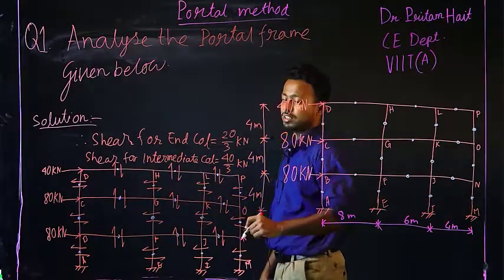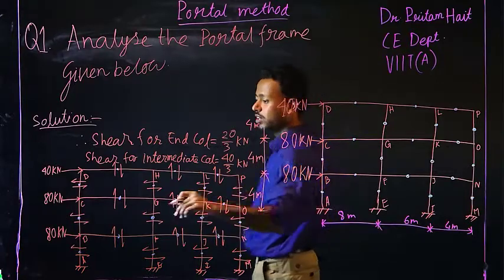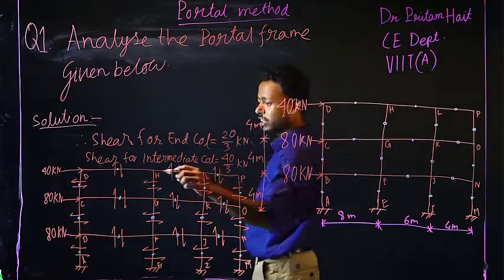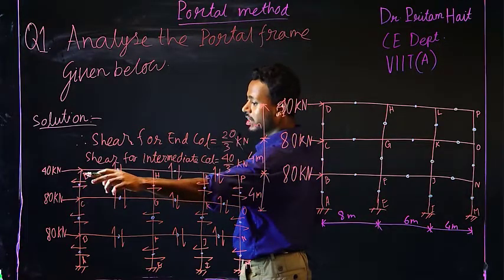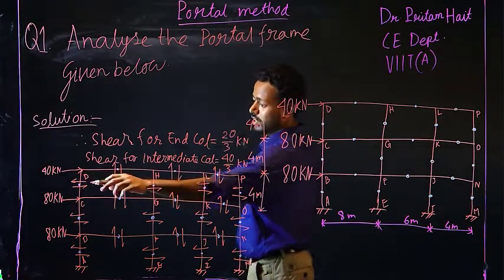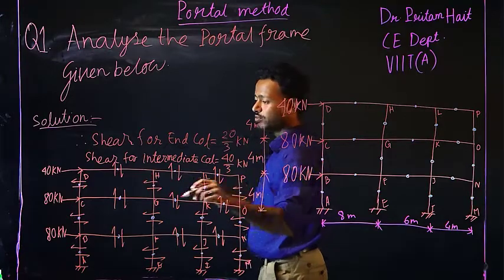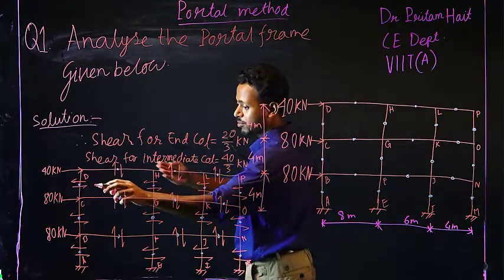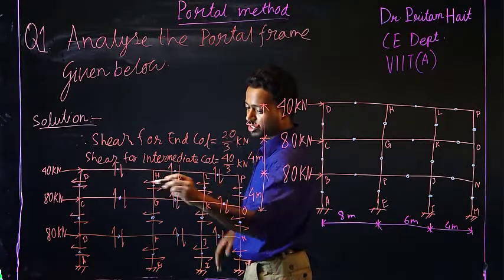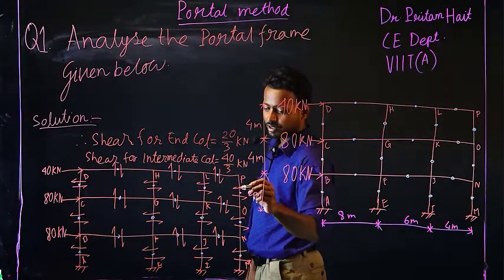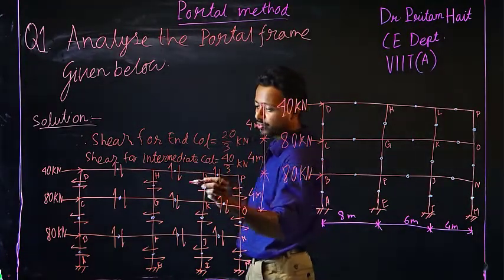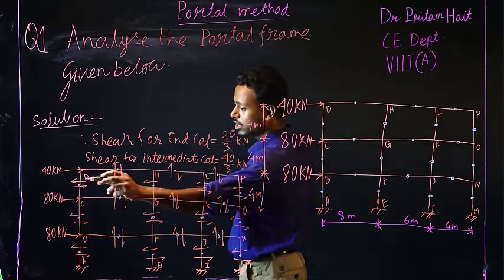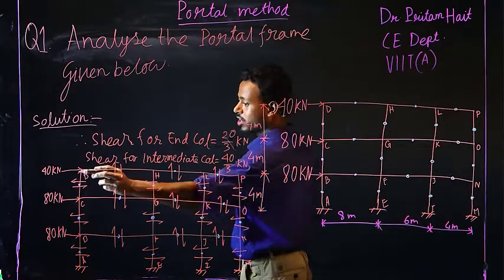If you consider the top story, that means the third story, 40 kilonewton is working in this direction. Therefore the shear force will act in the opposite direction in all the columns. I have drawn the shear force here on the left side, in that direction, and this also in this direction. So all the shear force in the columns just above the point of contraflexure will be opposite to the 40 kilonewton.